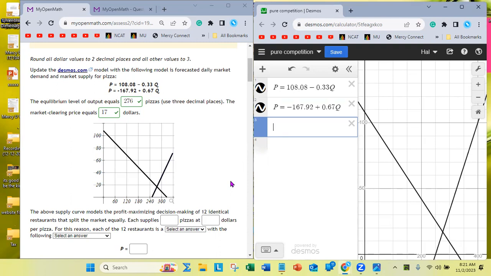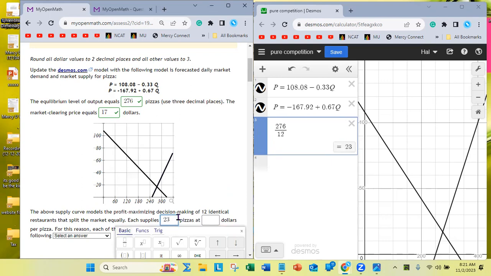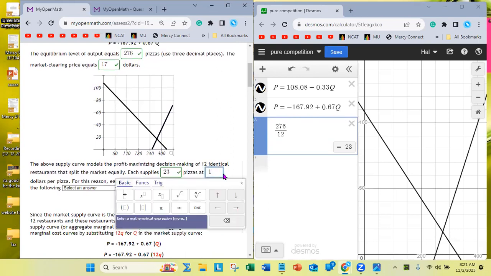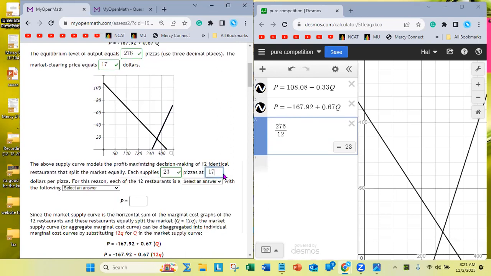Well, if together they're supplying 276, and individually, because they're identical situations, selling identical products, they're going to each supply 23 pizzas. And they're each going to supply those 23 pizzas per hour, perhaps, at, in my case, $17 per pizza.